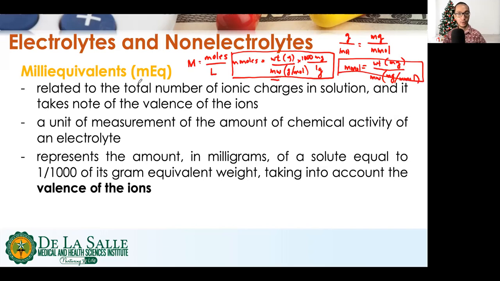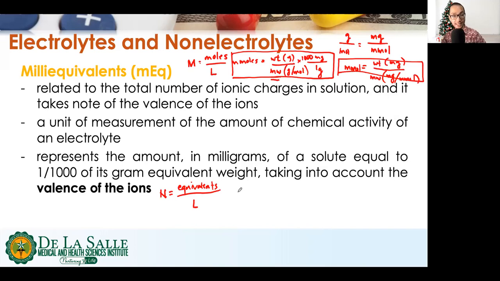Now, what are milliequivalents? You have seen this before, just to jog your memory, in normality. Normality is equal to the number of equivalents of the solute per liter of the solution.